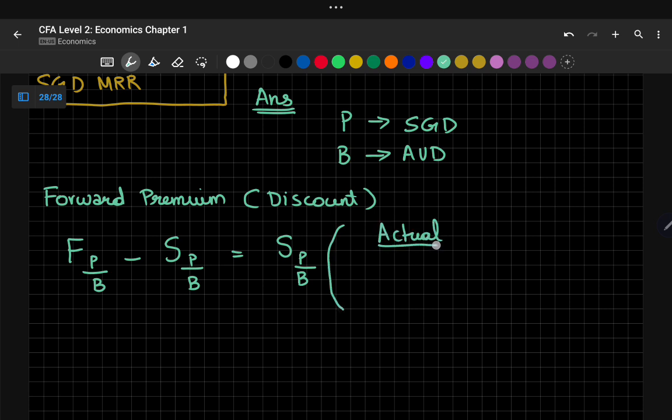So in the previous video, we derived this equation: actual by 360, the whole divided by 1 plus the risk-free interest rate of the base currency into actual by 360.